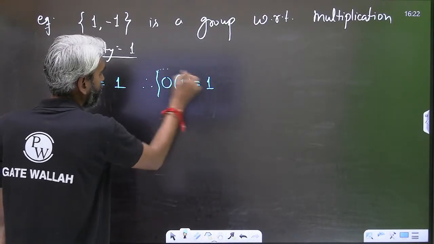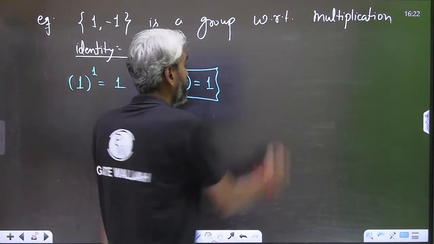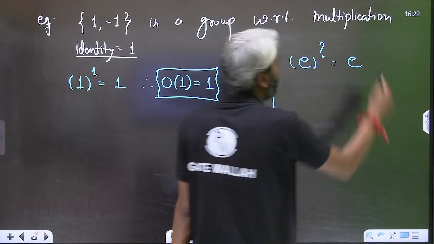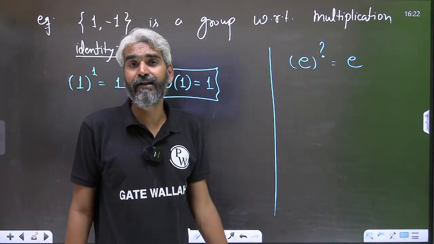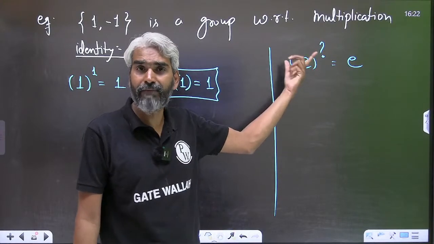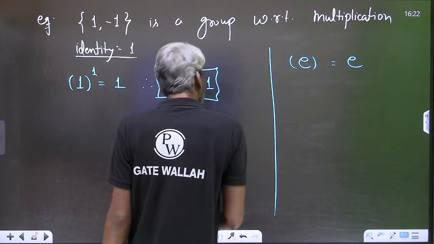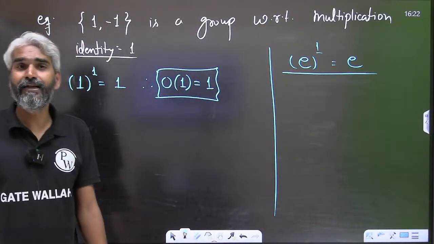Please remember one thing. We are actually trying to derive the identity element. For what power of the identity element will it return the identity element? It is already the identity element. Therefore, e raised to the power 1 itself will be equal to e for all identity elements.